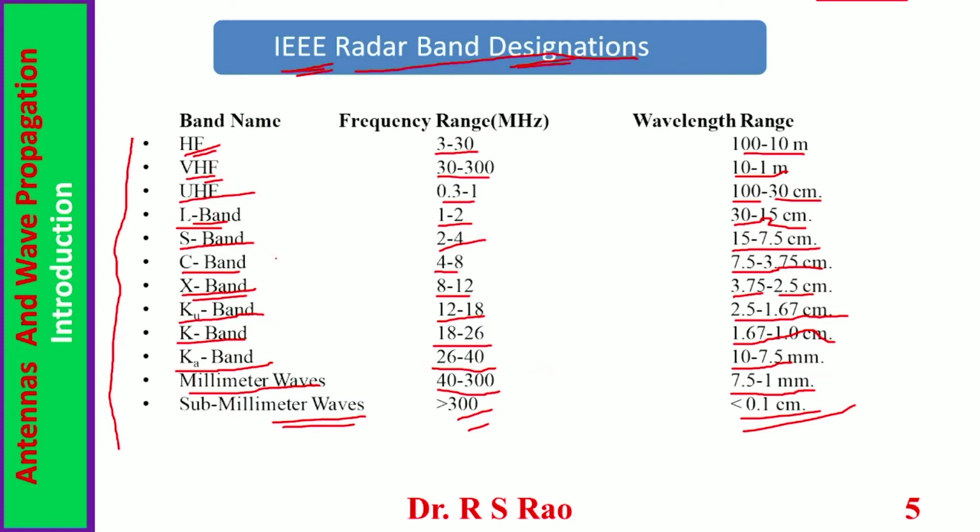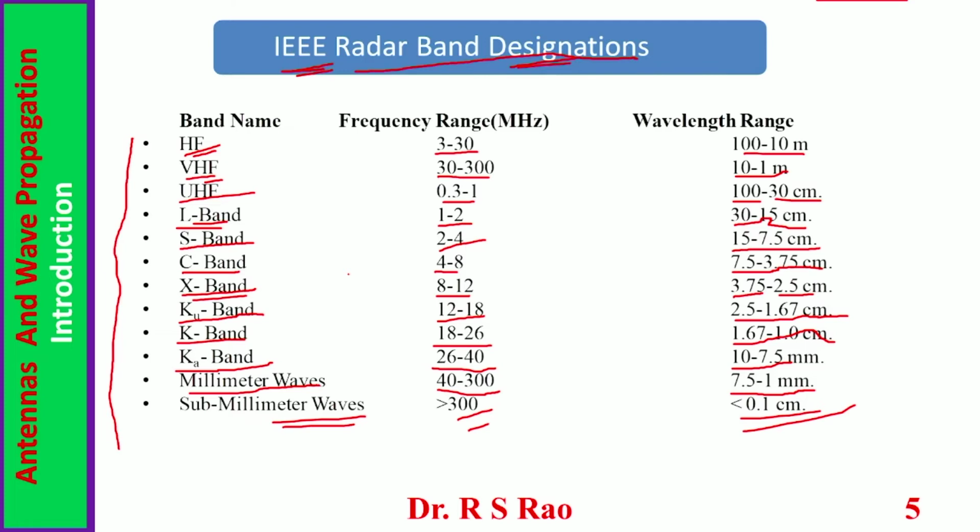Before going further, it needs to be mentioned that the naming of the bands L, S, C, X, Ku, K, Ka was done by the US defense establishment to maintain confidentiality.